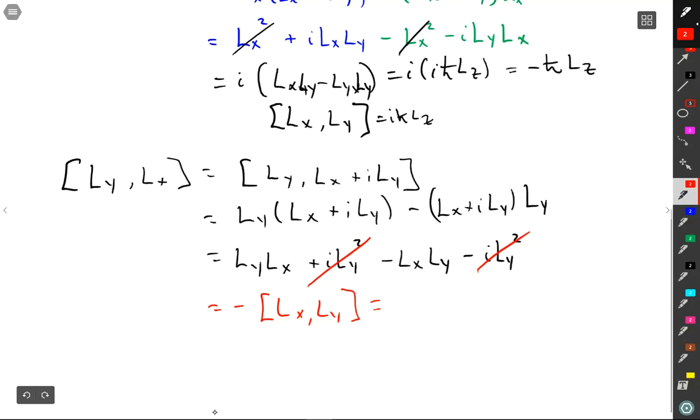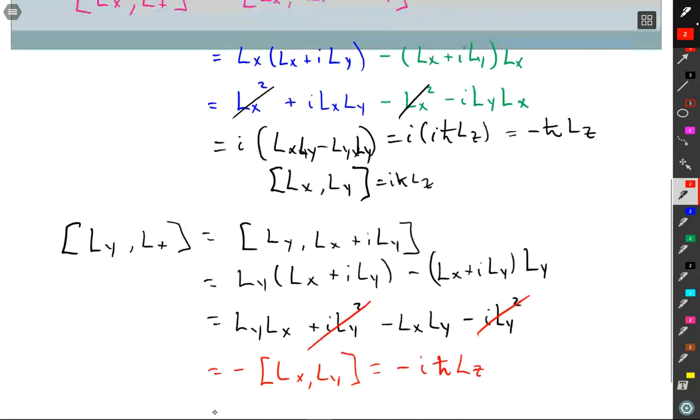And so that's going to be minus i H bar Lz. Yes, I believe that's right. So for Lx and Ly, there are their commutator relations. A little bit different, right? There was no i in the one with Lx, but there was in the one with Ly.